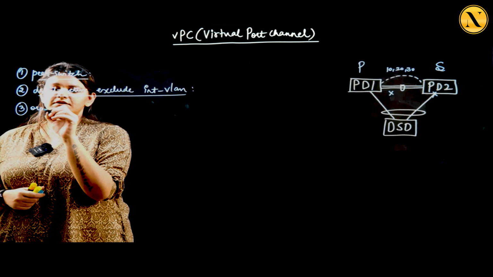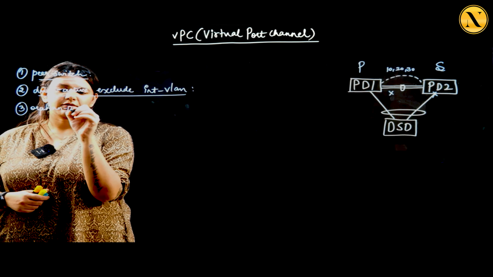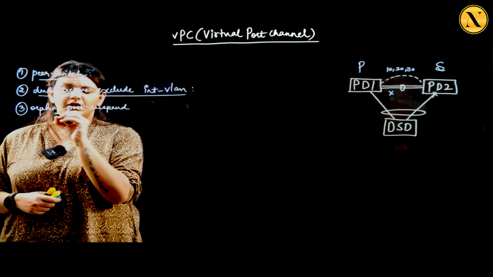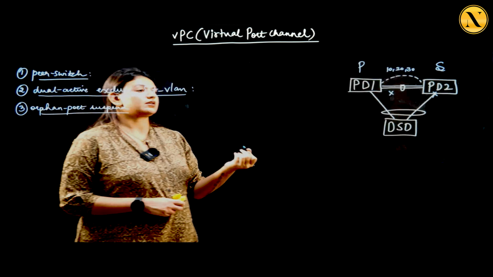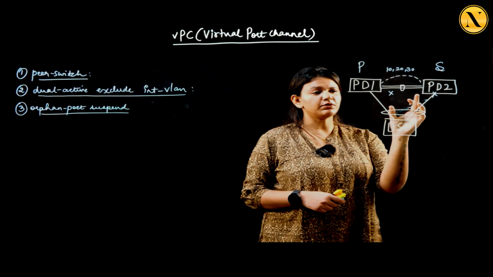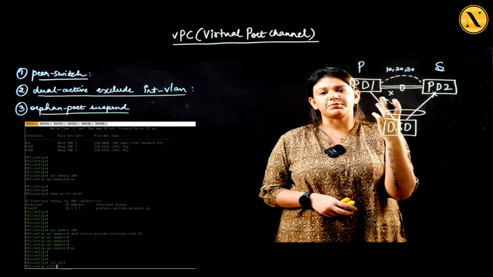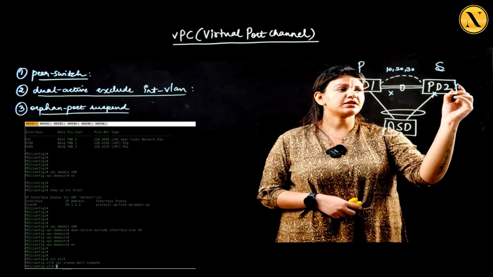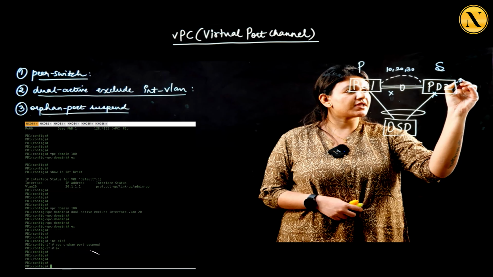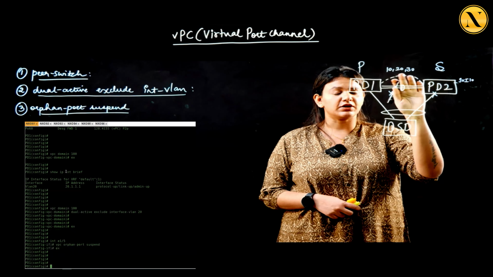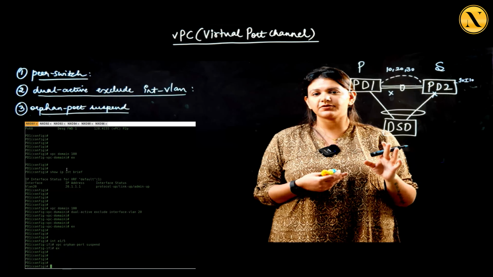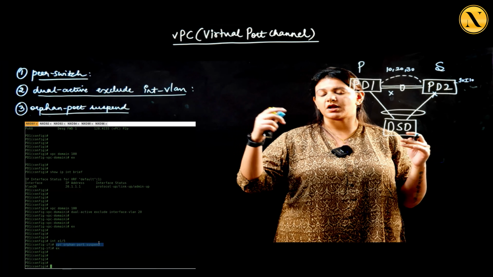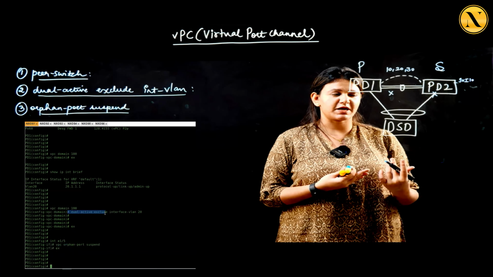The next feature is Orphan Port Suspend. This is another feature relating to the same failure scenario. Whenever the peer link goes down, on the secondary, the member ports are put into suspension state. And normally any SVIs that you may have created using any of your VPC VLANs are by default put into suspension, but with the feature we just discussed, you can exclude them from being suspended.